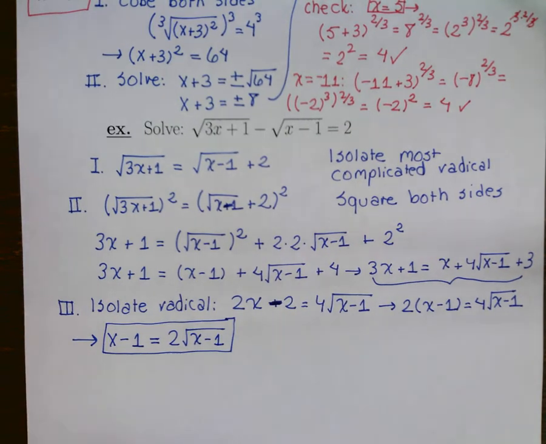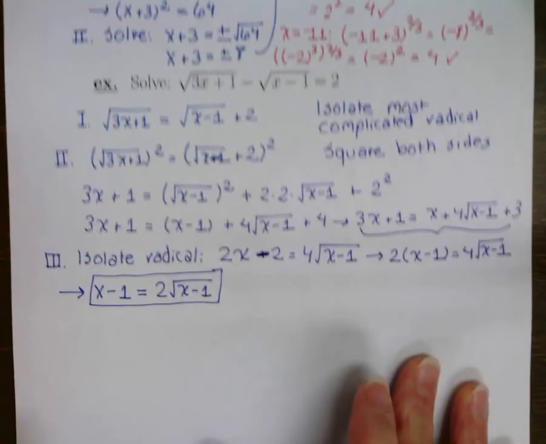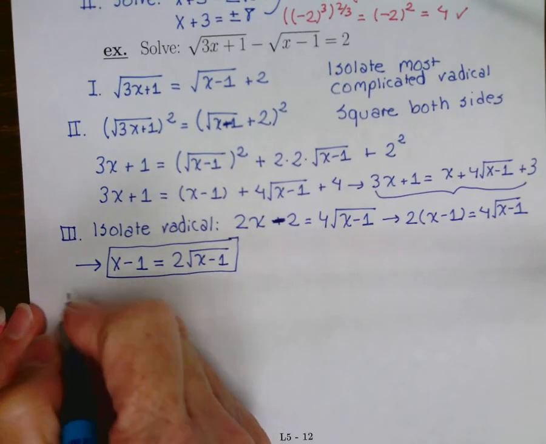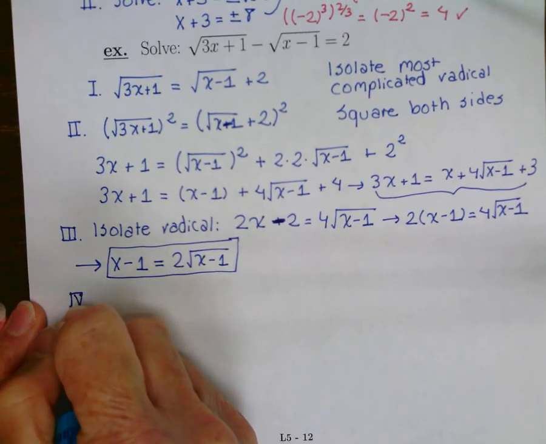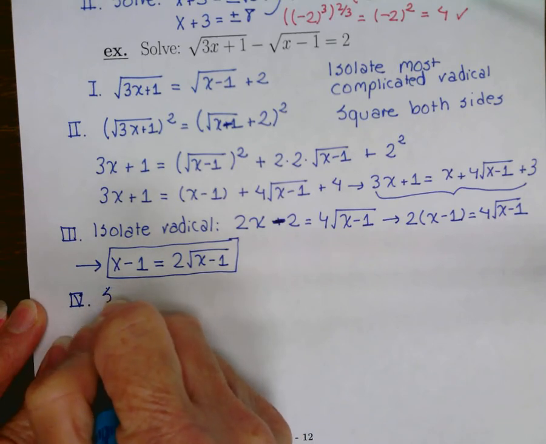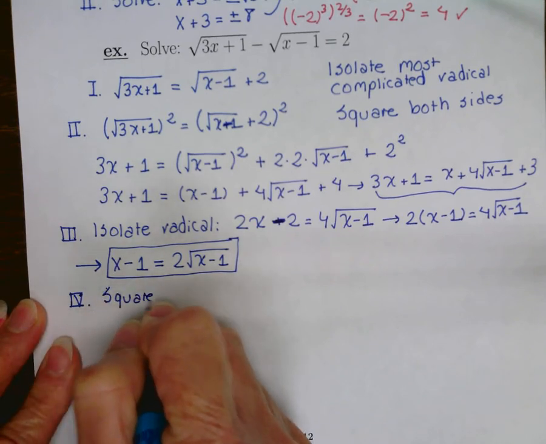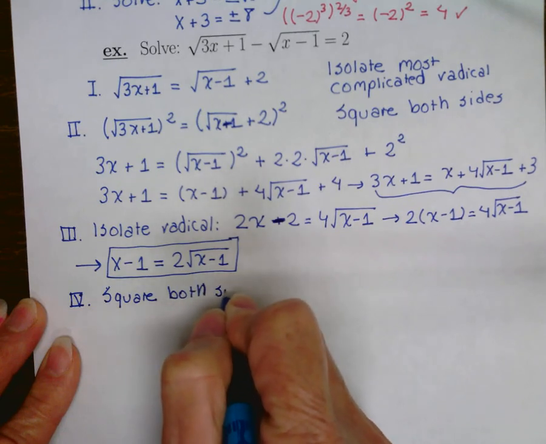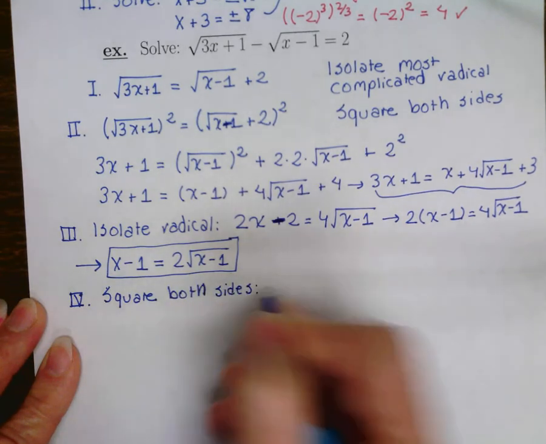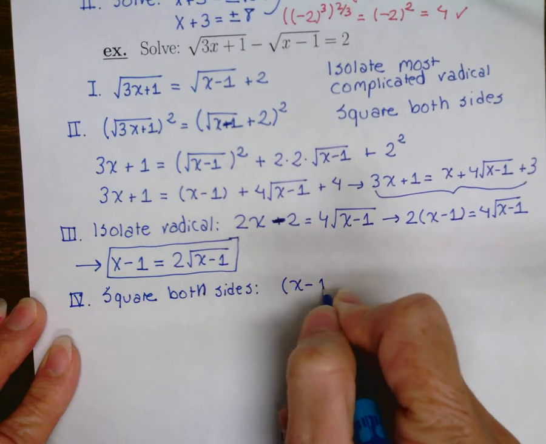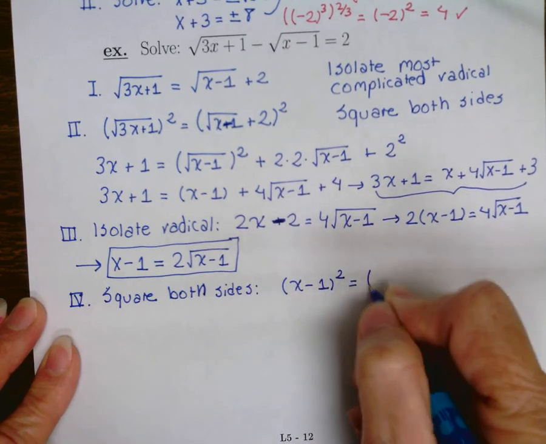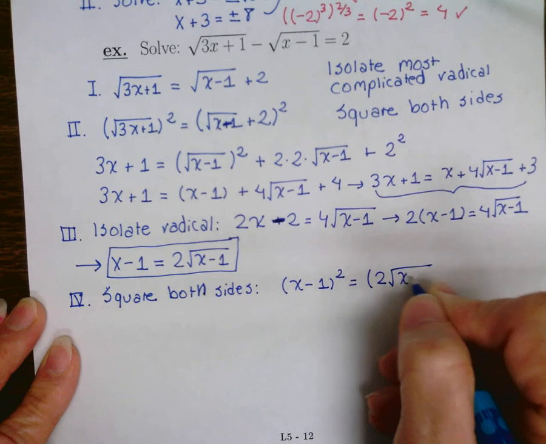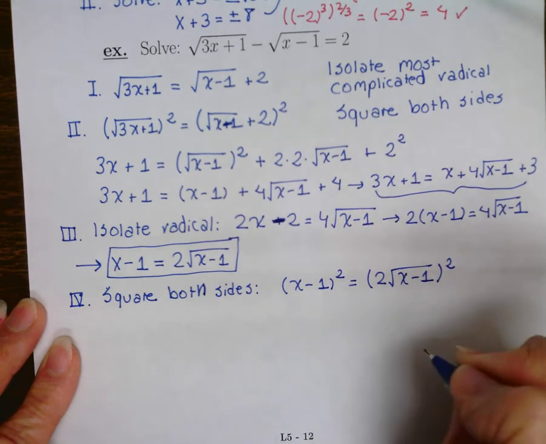So simplify as much as possible. Dividing by 2 definitely makes our life easier in this next step, because what do we do again? We need to square both sides. So I get x minus 1 squared equals 2 square roots of x minus 1, that quantity squared.